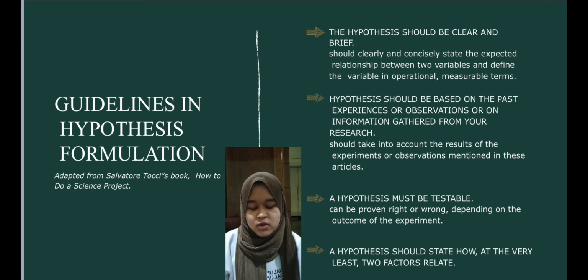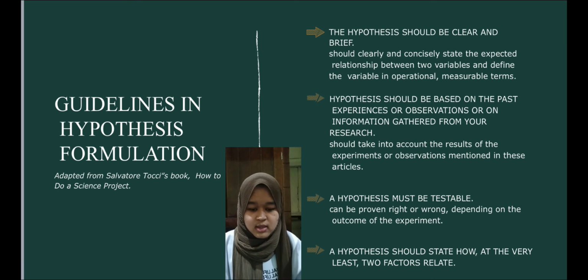That means it should clearly and concisely state the expected relationship between the two variables and define the variable in operational measurable terms. And the second is hypothesis should be based on past experiences or observation or on information gathered from your research. It should take into account the result of the experiment or observation mentioned in these articles.